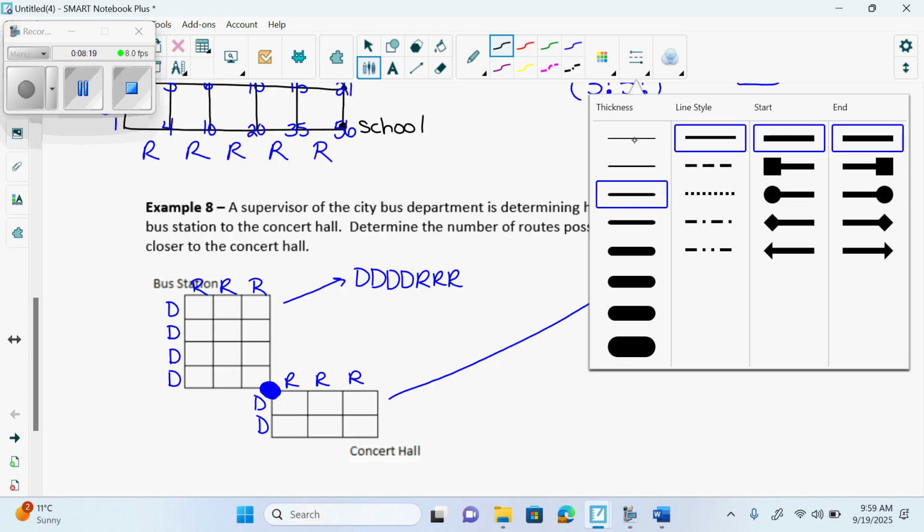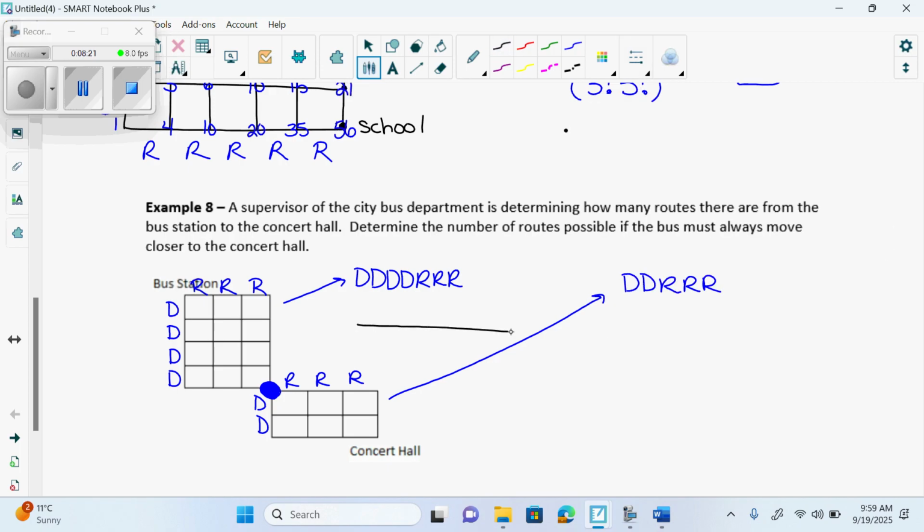How many ways could I get? So this one's going to have a what in the denominator? 4 factorial for the D's and a 3 factorial for the R's. And then the top didn't say, if it said I had to go down first, then that's it. Then I would have 4 factorial, or 4, 3, 2, 1. Do you know what I mean?